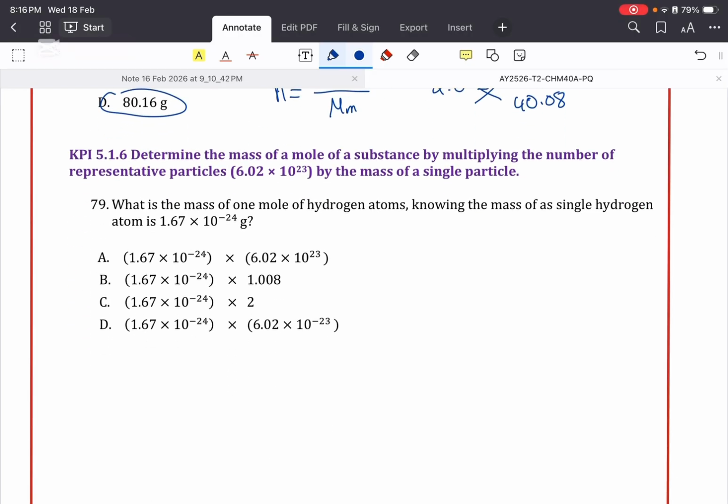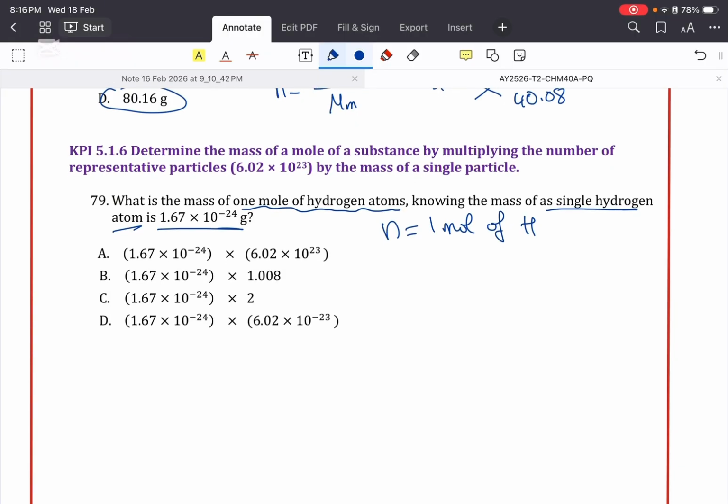And the final question: what is the mass of 1 mole of hydrogen atoms? So I have 1 mole of hydrogen atoms over here. What's the mass, knowing that the mass of a single hydrogen atom is 1.67 times 10 to the power negative 24 grams?